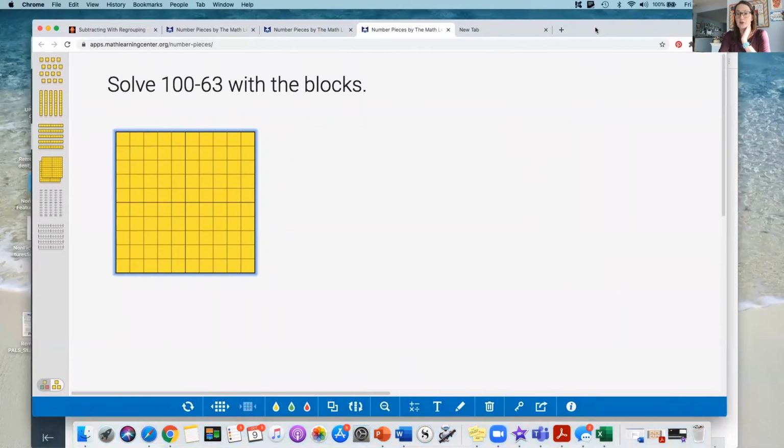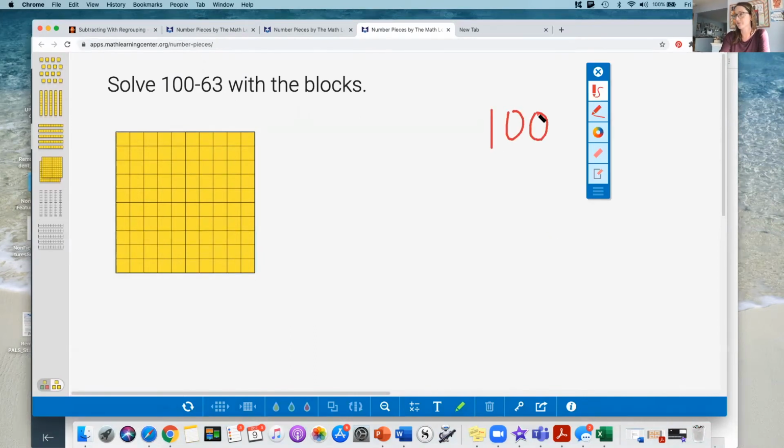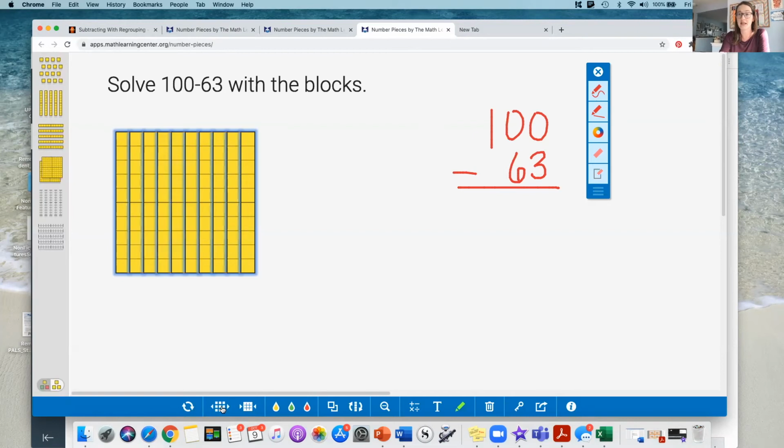All right, we can also do this with 3-digit numbers. So this time I'm trying to solve 100 minus 63. Starting in my ones place, I have 0 ones and I want to take away 3. Oh boy, I've got to break this up first into tens. Pretty cool.